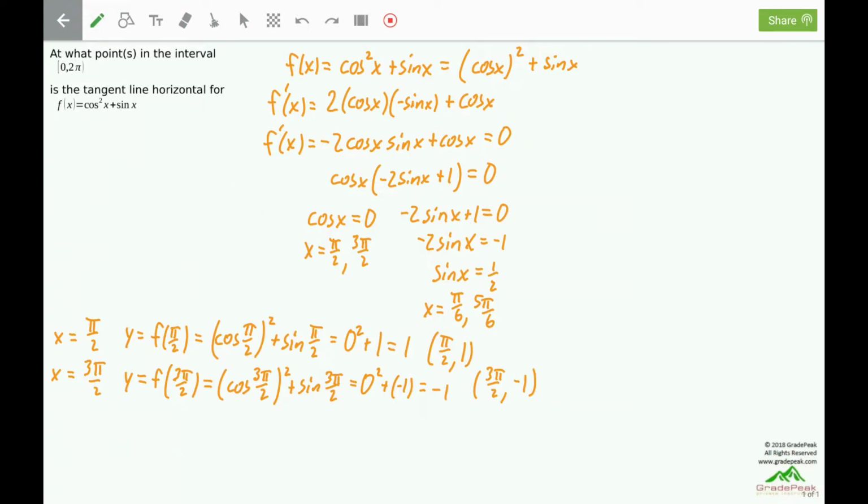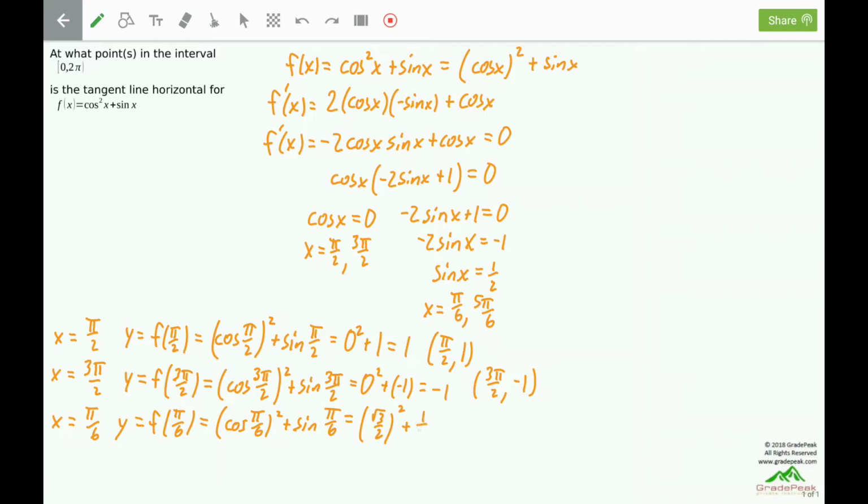We have two more x coordinates. We have x equals pi over 6. The corresponding y coordinate will be f of pi over 6, which is going to be the cosine of pi over 6 squared plus the sine of pi over 6. Well, the cosine of pi over 6 is root 3 over 2. We have that squared.